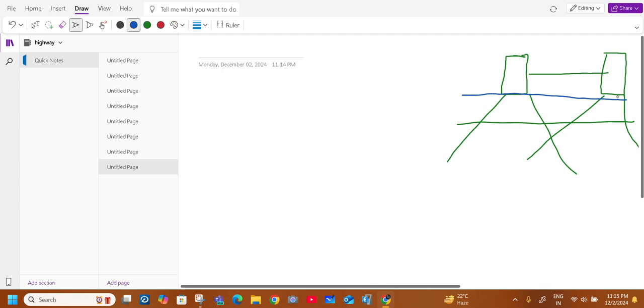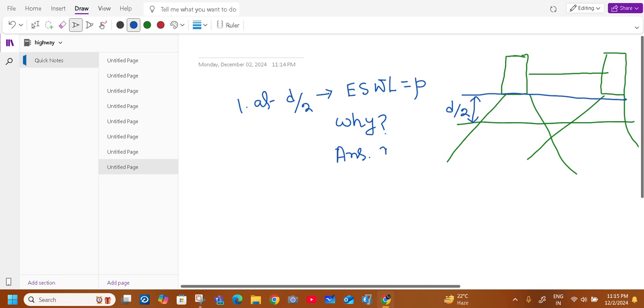So at d by 2 depth, ESWL is equal to P, because no overlapping happened.